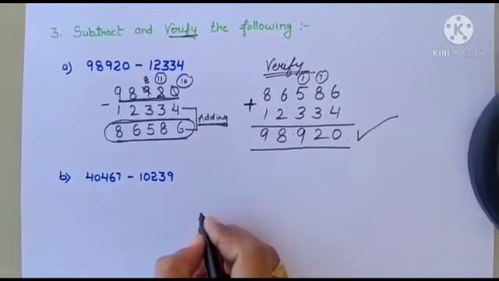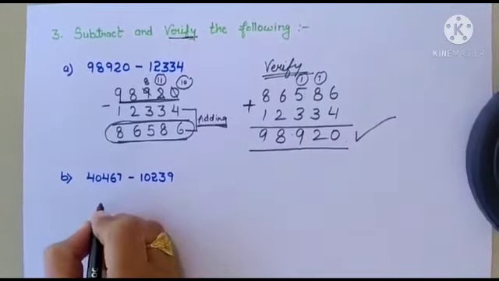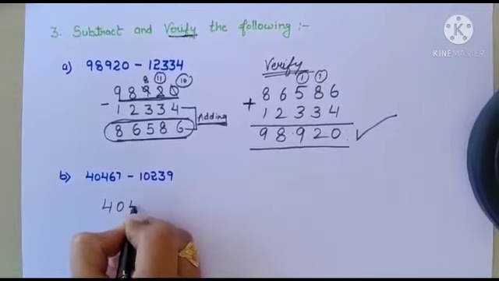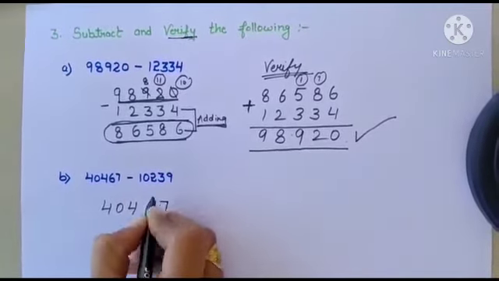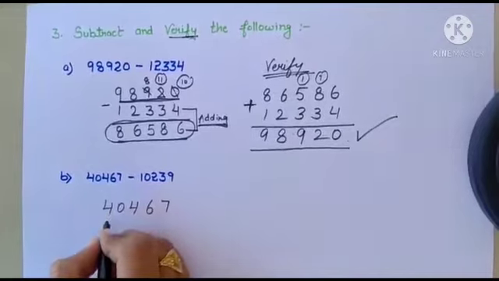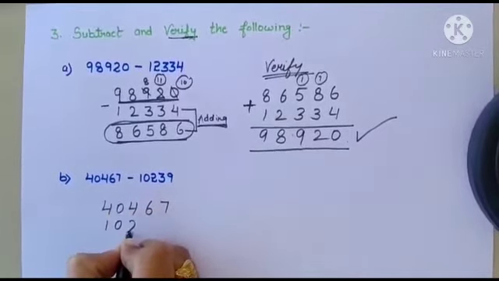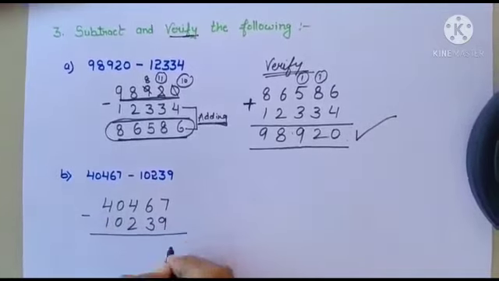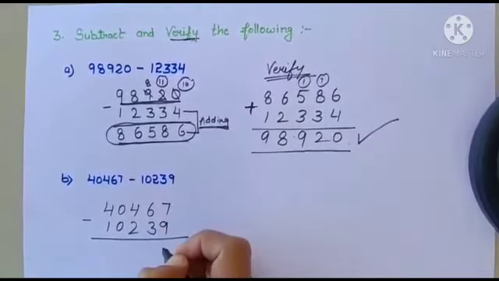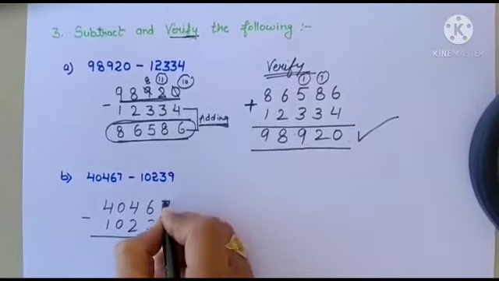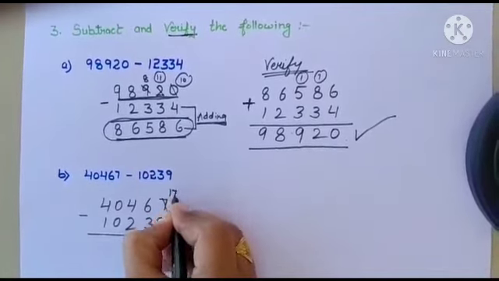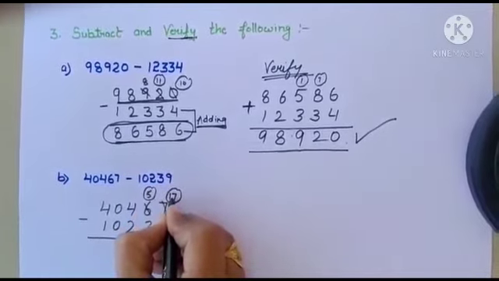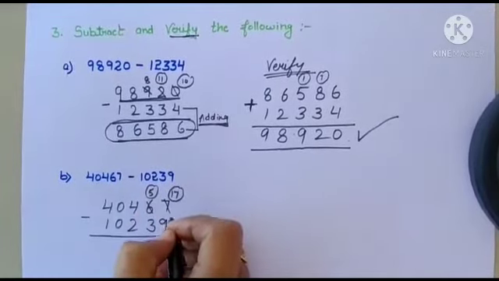Like this you have to do the next question. Here also, first of all you have to subtract, because here the sign is of subtraction. Like this you have to subtract it. From 7, 9 cannot be subtracted, so he will borrow from the neighbor. Here it comes 17 and here it will come 5 because one number has been given to the neighbor.